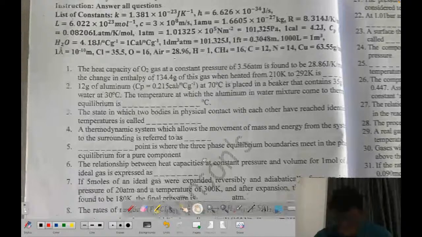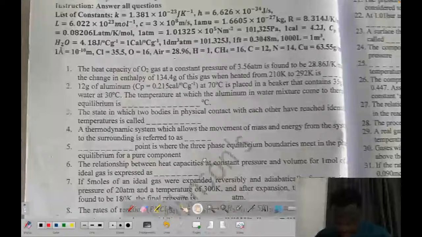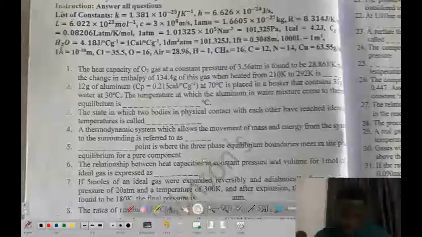Now, question number 2. Please look at question number 2. I've zoomed it in again. I'm using Johnson past question. I don't have time to solve here, but I'm resolving all of them.